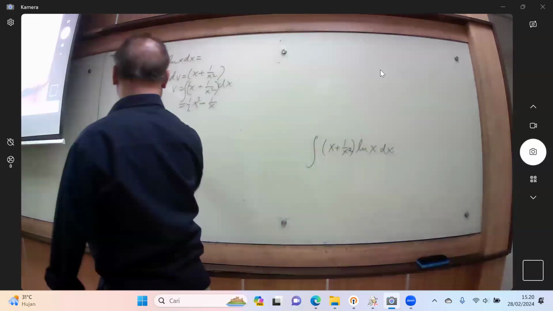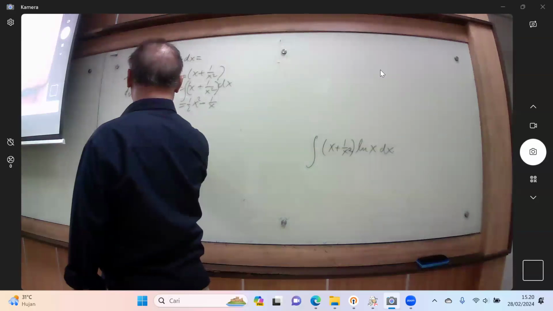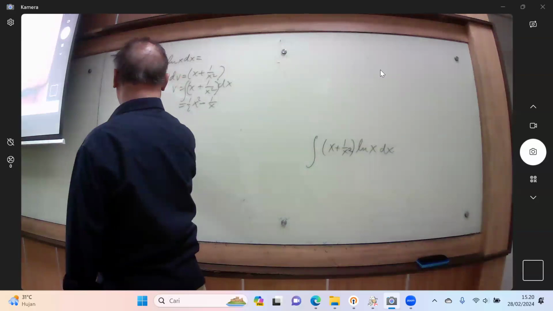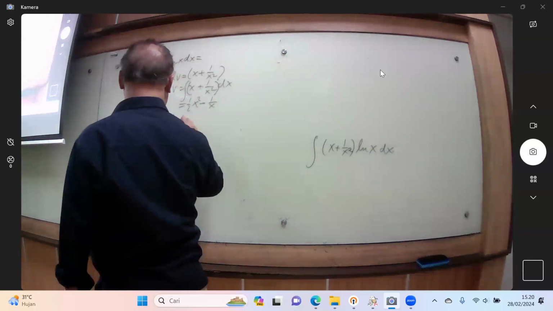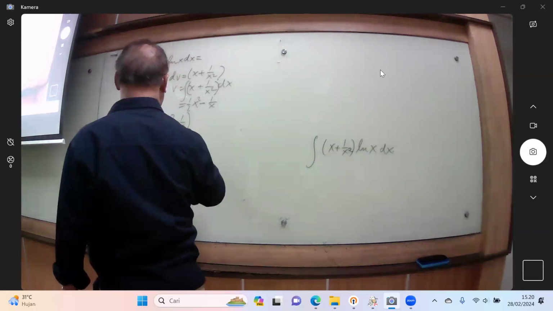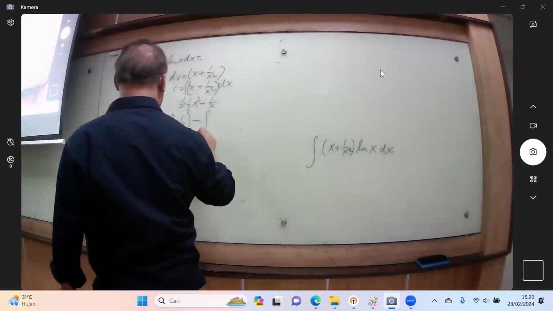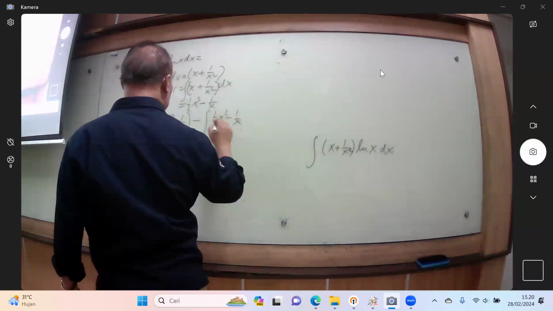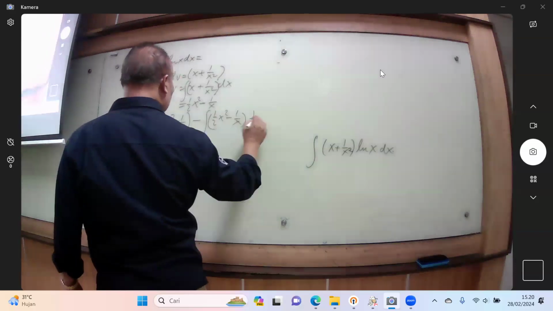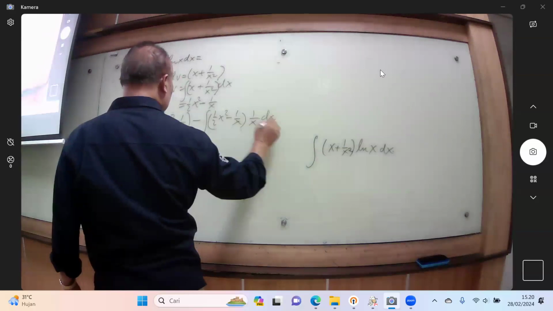Okay. So the integral is ln x multiplied by half x squared minus 1 divided by x, minus the integral of half x squared minus 1 divided by x, times 1 divided by x dx.